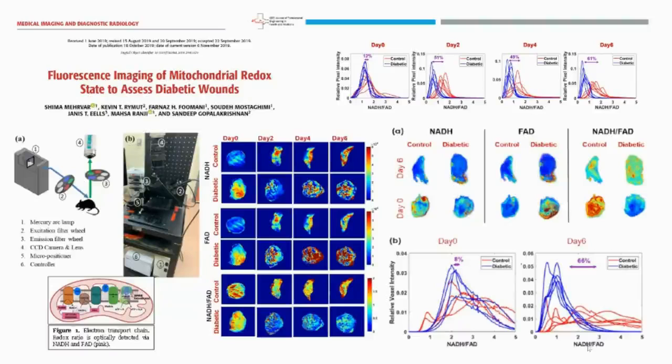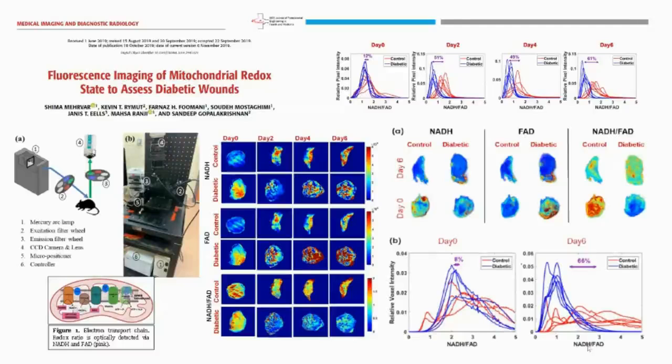We were able to demonstrate that the mitochondrial redox state is unique with respect to diabetic wounds. When I say mitochondrial redox state, we are looking at the NADH-FAD ratio using non-invasive imaging techniques.